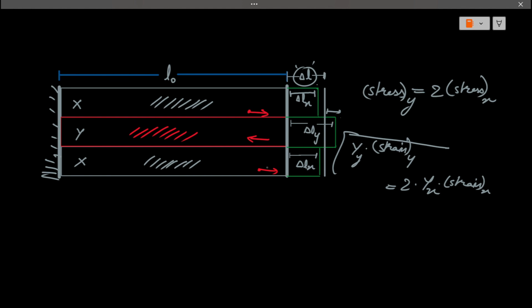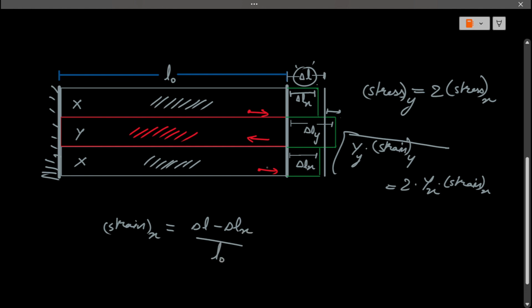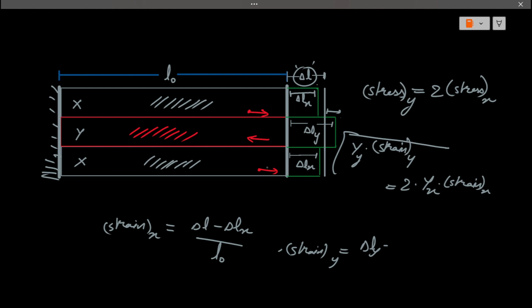Now for the strain of X, we have the relative change in length, that is delta L minus delta Lx over the original length, and the strain for Y is delta Ly minus delta L over the original length L0.